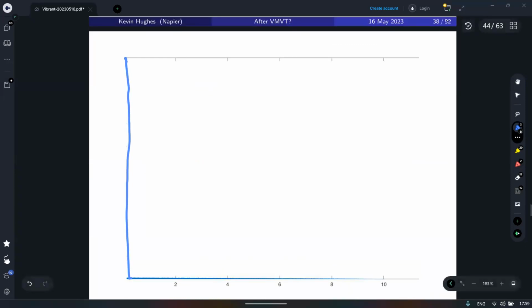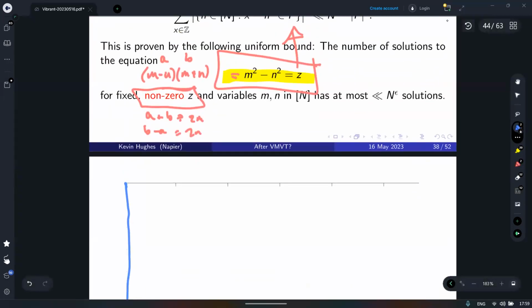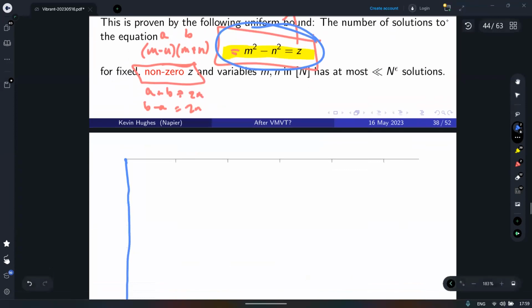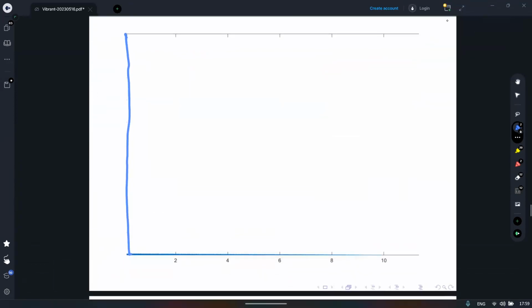Here's a graph where I looked at the number of solutions to this system right here for various z, going up to 10 to the 4. And there's a ton of solutions when z is equal to 0, and then there's basically nothing else. I don't know if you can see, there's a little bit of blue down here. It's absolutely infinitesimal compared to the size of things at 0.